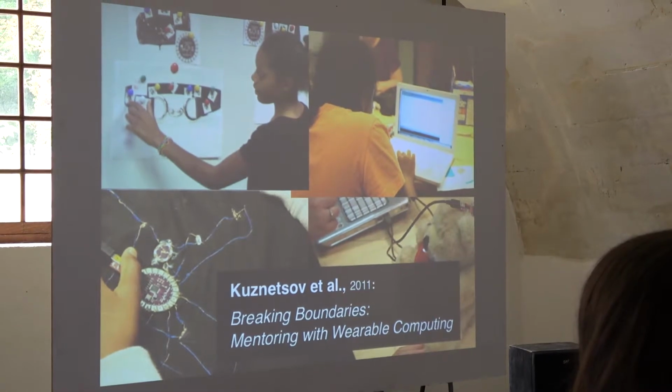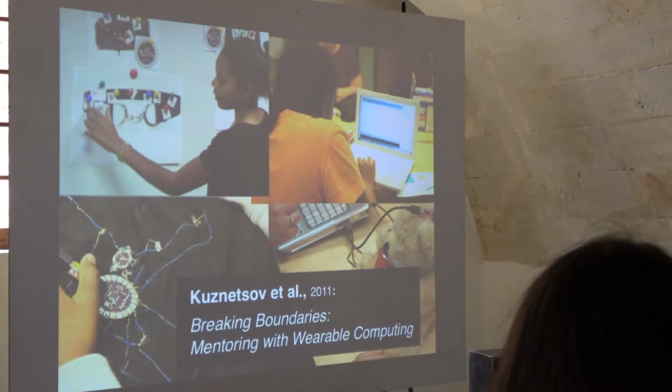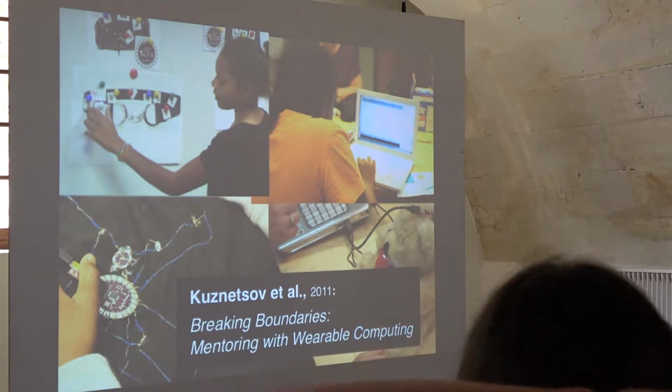It was a group of girls. The idea was to get them to learn these skills, but to create a passion with it as well and see what they wanted to make.